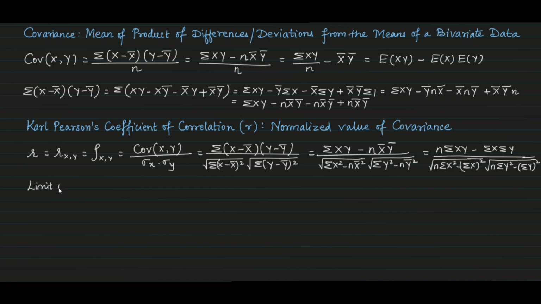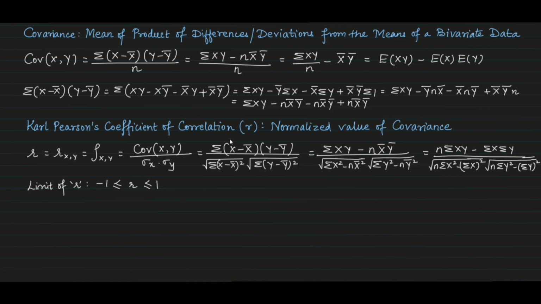Limit of r, Karl Pearson's coefficient of correlation, is from -1 to 1, both inclusive. r equal to 1 shows perfect positive correlation. r equal to -1 shows perfect negative correlation. If the value is closer to +1, then there's a strong positive correlation. If the value of r is closer to -1, it shows strong negative correlation.